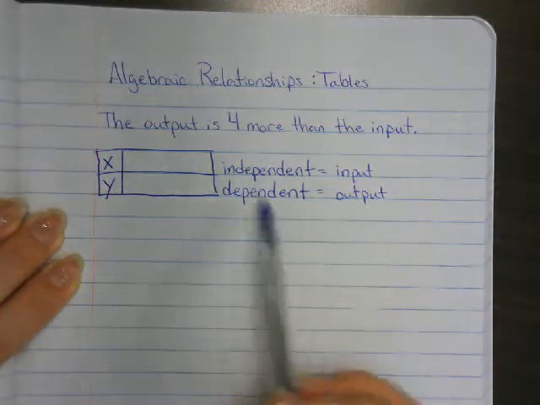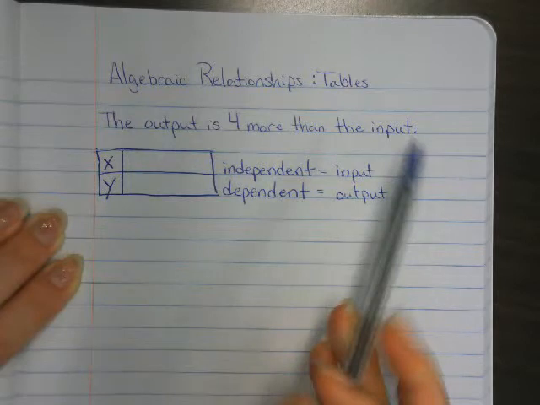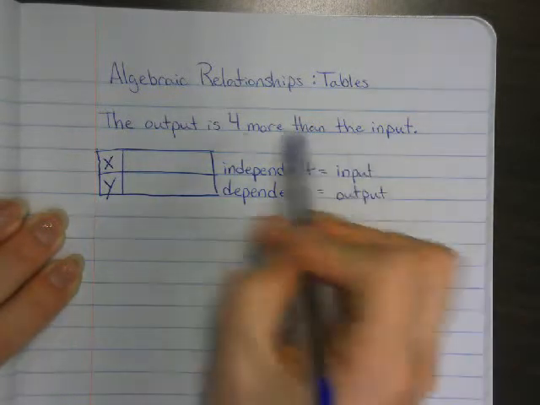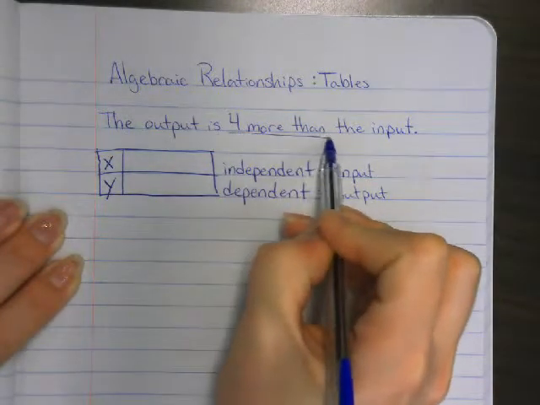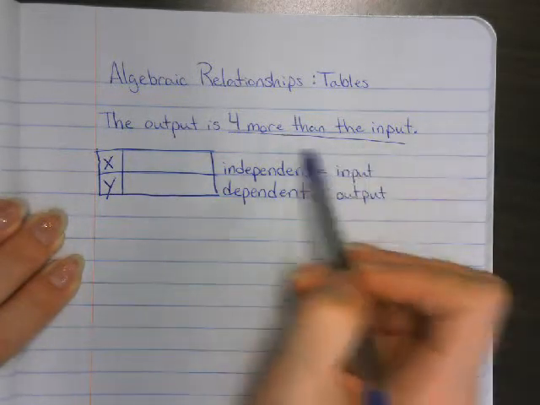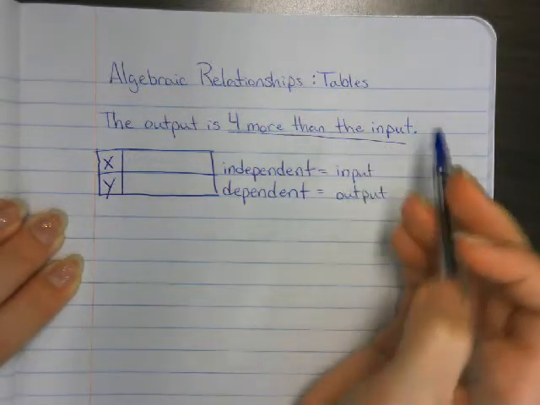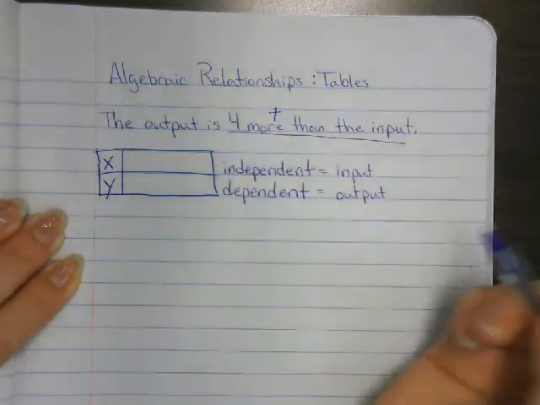So let's use this phrase. The output is 4 more than the input. This statement right here tells us what operation we will be using. The words more than, or 4 more than the input, tell us we will be adding.